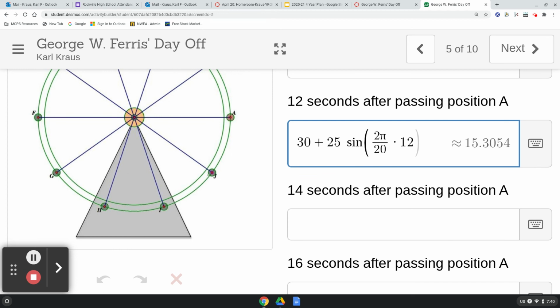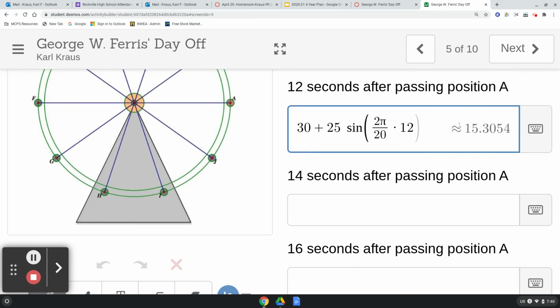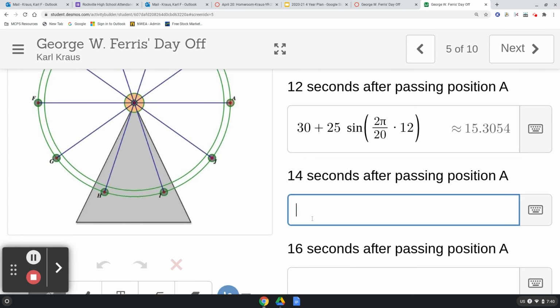That's this one. That's going to be the same as 14, 16, 18. So 18 seconds, we'll get to there. Should have got the same answer.